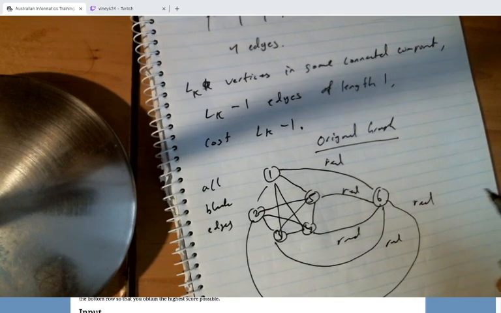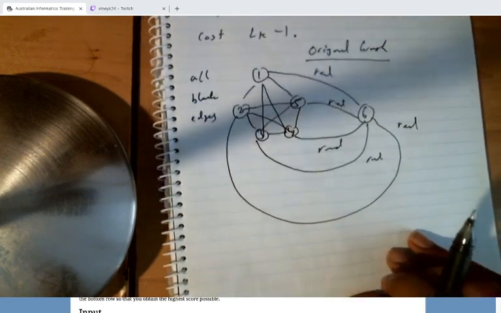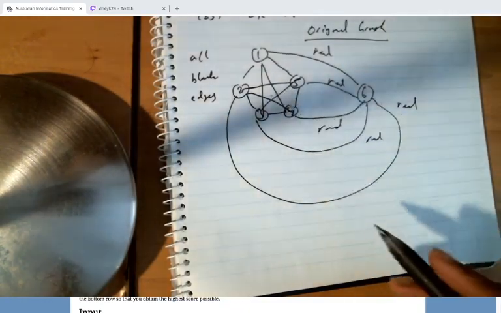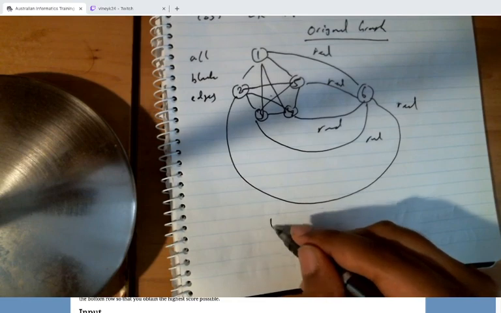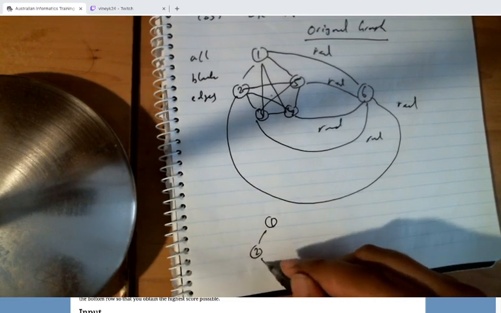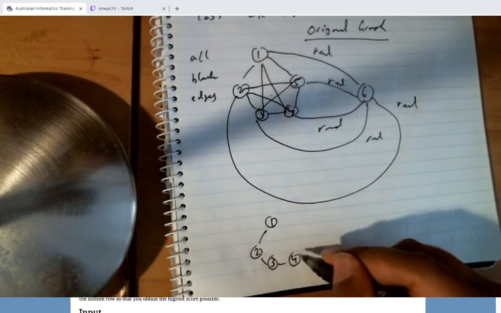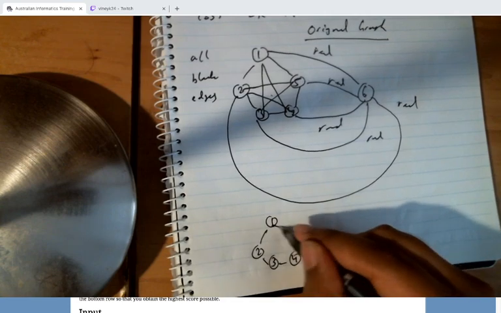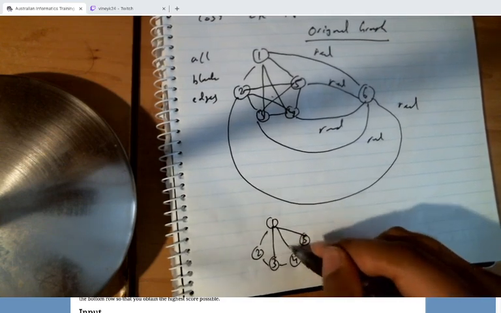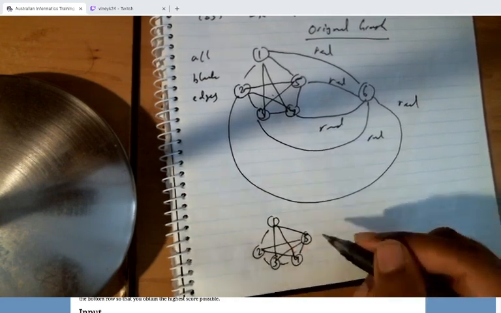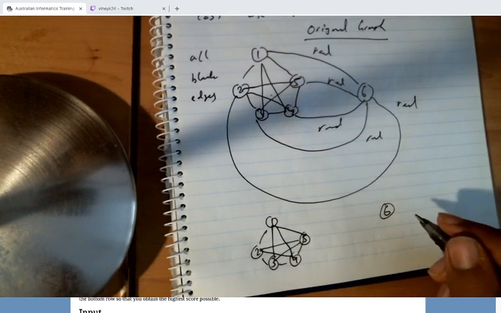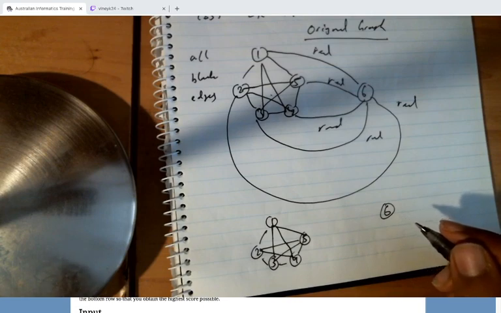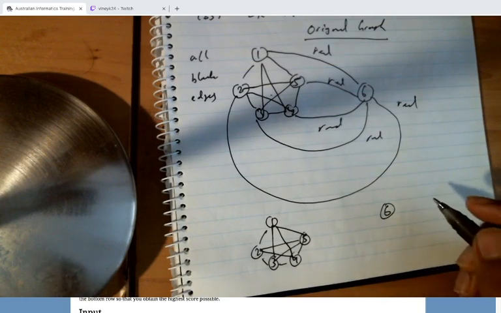What we would do is construct another graph where we only have the black edges, which in this case is just the pentagon. So we would have 1, 2, 3, 4, 5, this pentagon with all of the diagonals filled in, and we would have this empty vertex 6, which isn't actually connected to anything by a black edge.